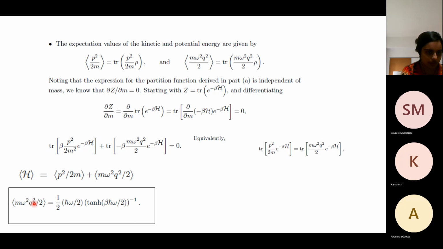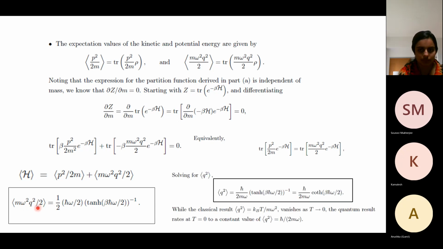Because m omega square by 2 is a constant quantity, we can find the expectation value of q square. Similarly, you could have written the expectation value of p square by 2m as the same value, and similarly found the expectation value of p square.